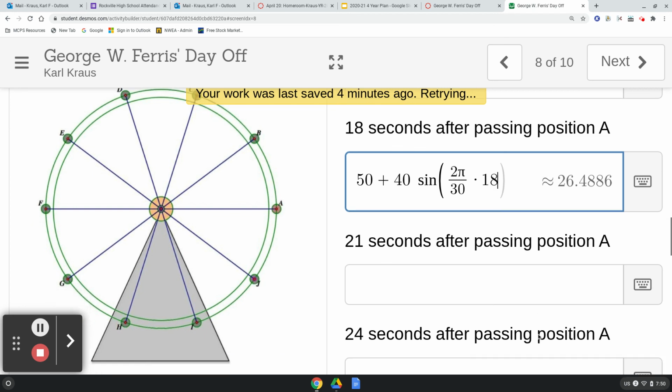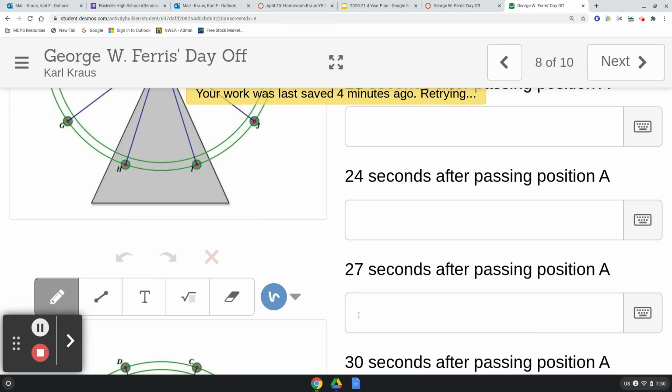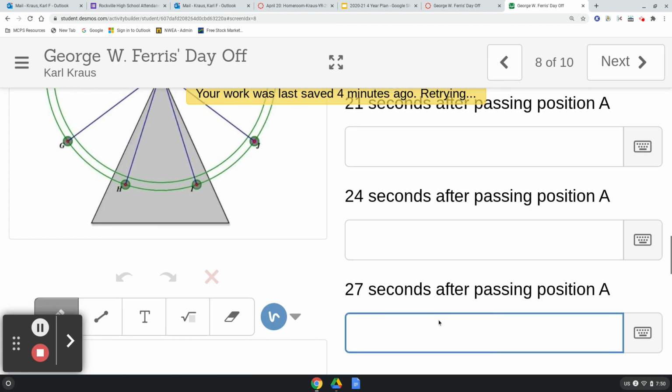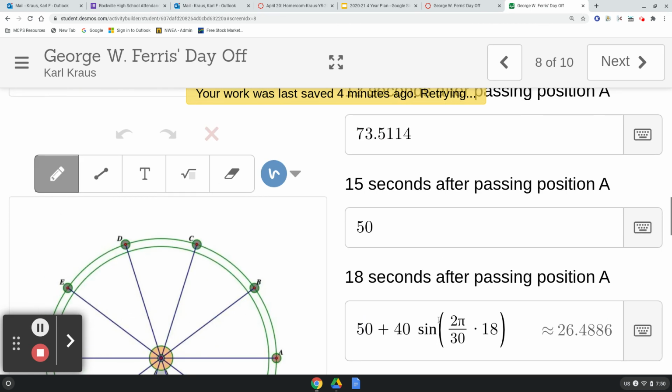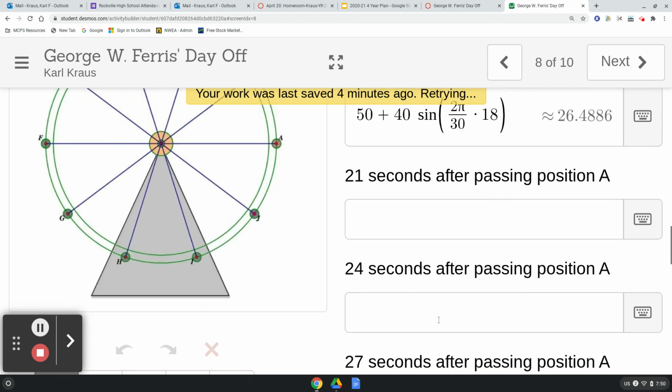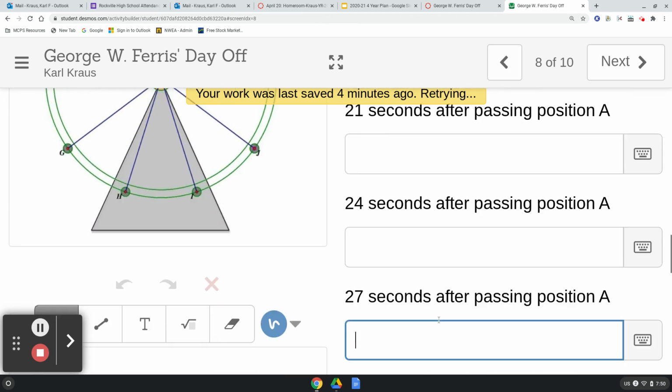So it's going to be the same as 27. So 27 is going to be the same as 18, 26.4886.